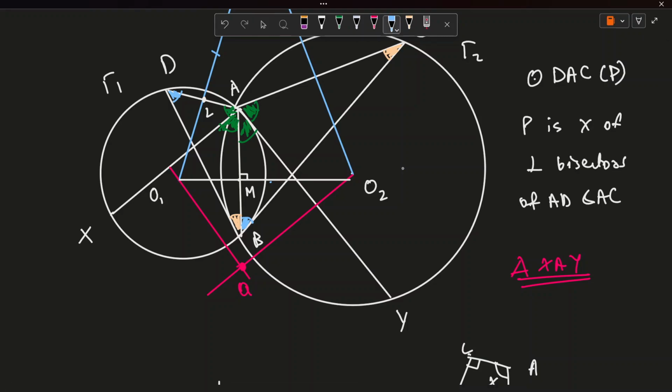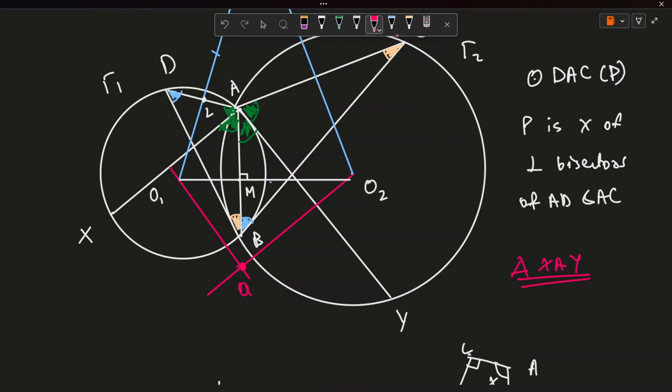Okay, now we simply need to prove another point: if we prove somehow that this angle here is equal to this angle, then we would be done, because that would imply this side is equal to this side. Now to do this, notice this particular quadrilateral I am drawing.